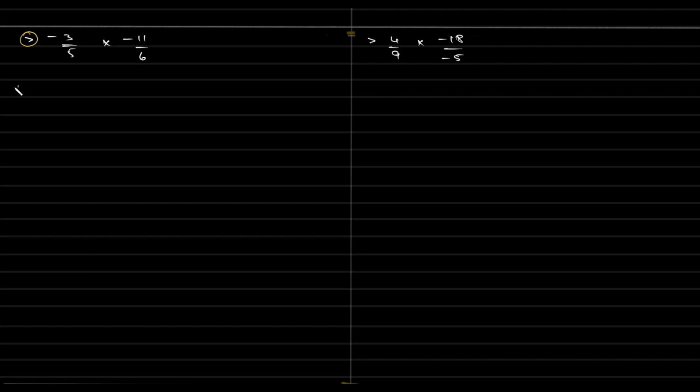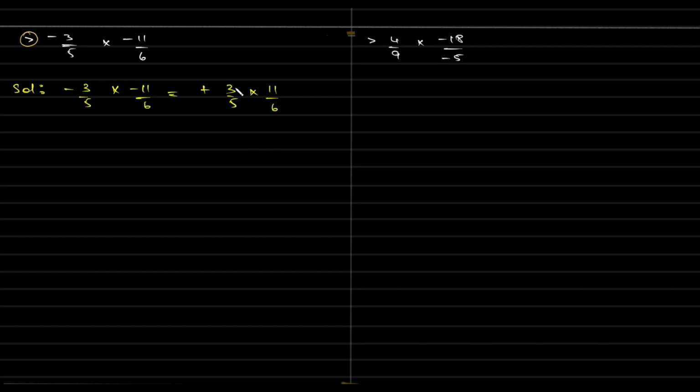Again, first is to handle the sign. So let me copy the question first. We have an even number of negative terms, so we have positive 3 by 5 into 11 by 6. I told you guys to shift and all that. Well, you need not even do that.